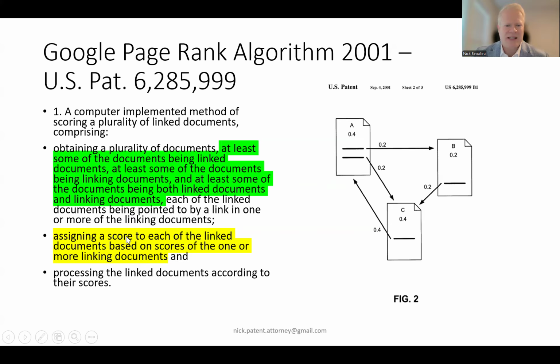The yellow one says assigning a score to each of the linked documents based on scores of one or more of the linking documents. So again, if you did the scoring in a different way, if you didn't look at both of these, you could just look at page hits, you could just look at linked, or you could just look at linking. If you change this, then you wouldn't be infringing this and reading on this. So you could change this to design around it.